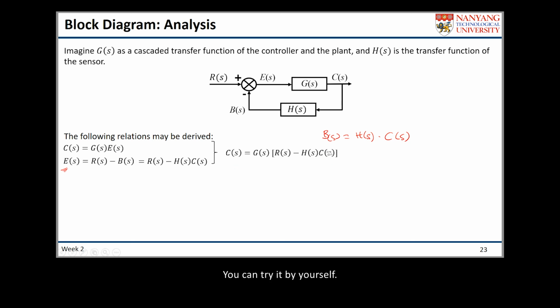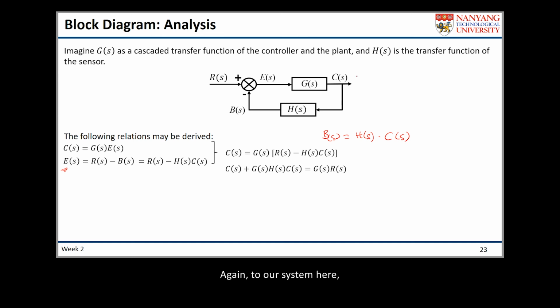You can try it by yourself. At the end, you will get C is equal to G times (R minus HC). Then I do some mathematical manipulation. I group C with C, so I move this last term to the left side, and I get this form: C plus G times H times C is equal to G times R.